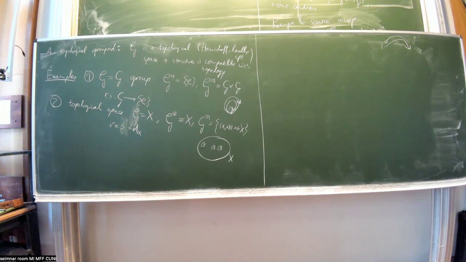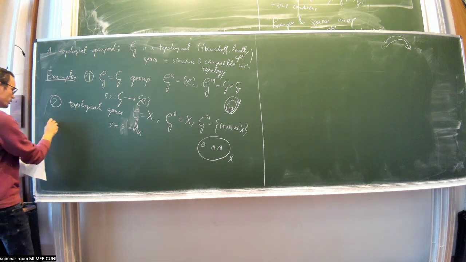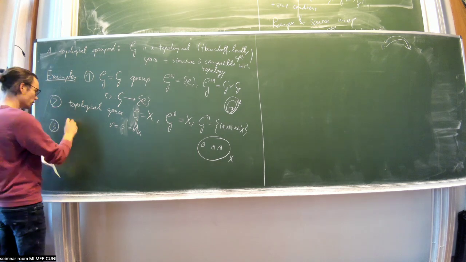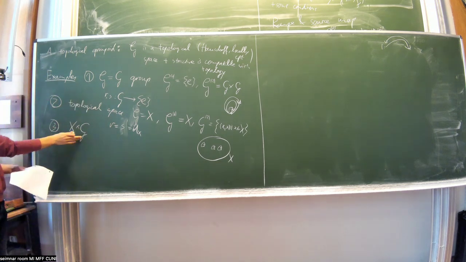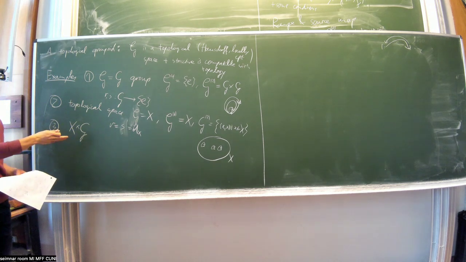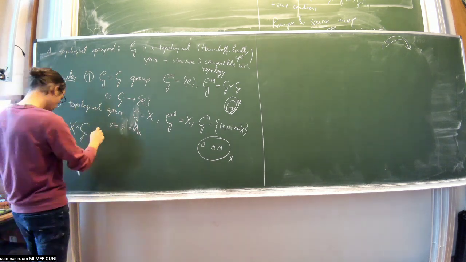Yeah, so I don't have that example actually, because I'm not sure how familiar people are with dynamical systems. Right. So my third example is something in between both. You take the Cartesian product of the space with the group. It's called the group bundle.